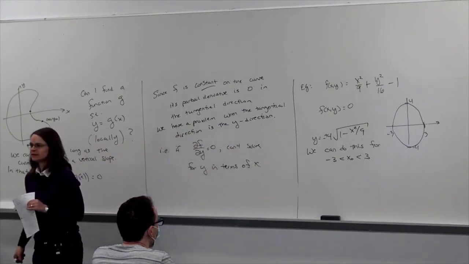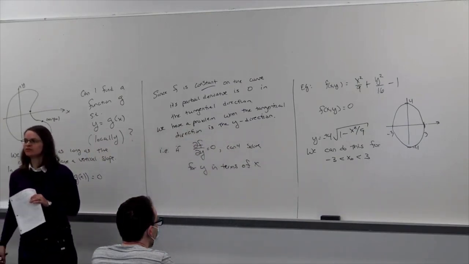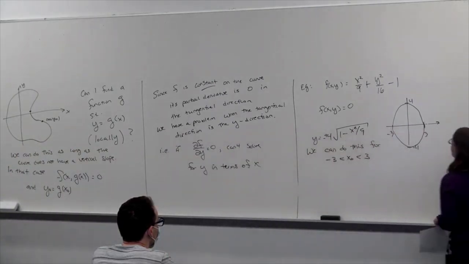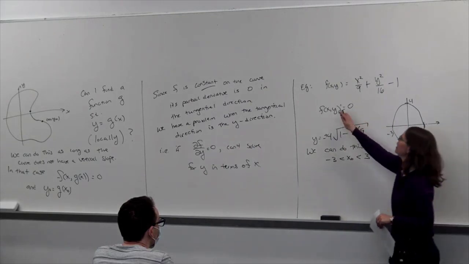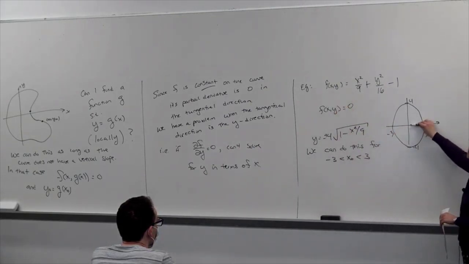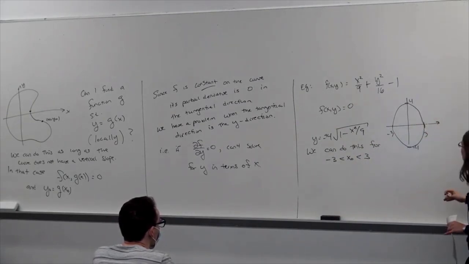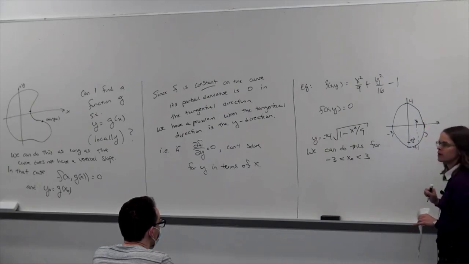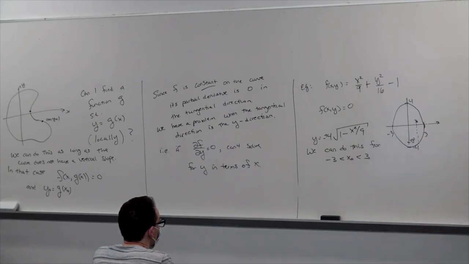It depends on the starting point. It depends on the starting point, that's right. So we said we're doing this locally. That means I have a function of two variables. I need a starting point for both variables, right? And the starting point is not going to be the origin because that's not going to take me anywhere close to this curve. So I need not just an x naught, I also need a y naught. Okay, and the sign of y naught is going to tell me which sign I take.